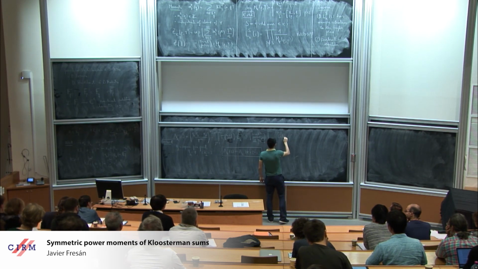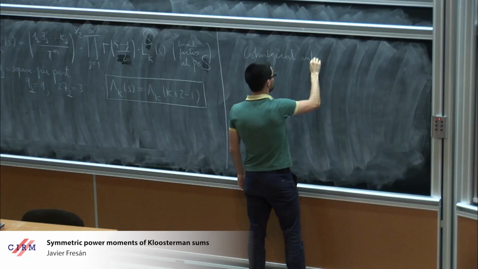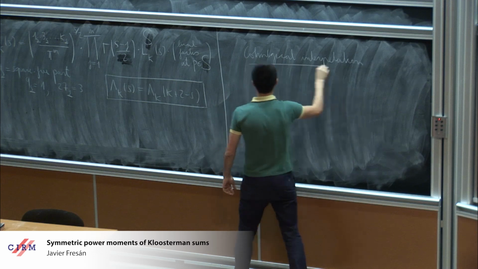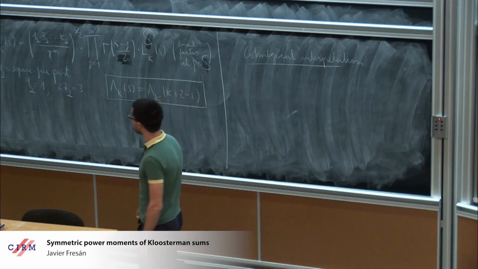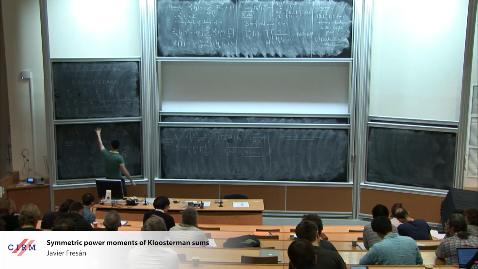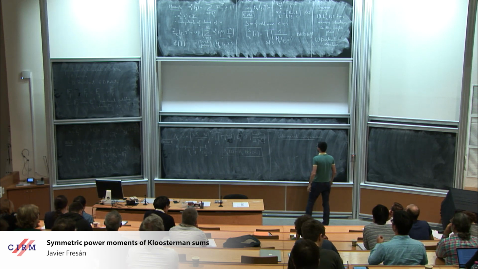First, I go back to the situation over finite fields, and now I give you the cohomological interpretation of everything I was doing here. So Kloosterman sums, symmetric powers, the moments, everything are traces of Frobenius of l-adic sheaves.